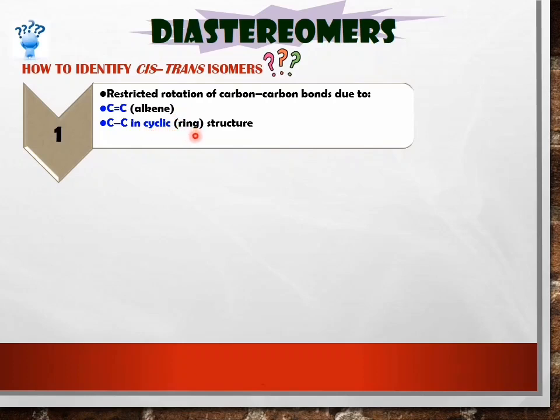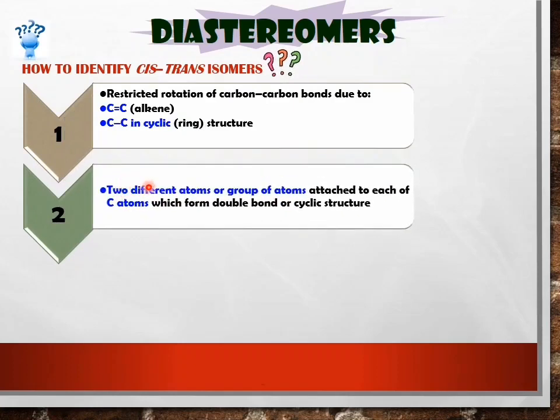How? Later I will explain to you. Okay, the second one is two different atoms or groups of atoms attached to each of the carbon atoms which form the double bond or cyclic structure.